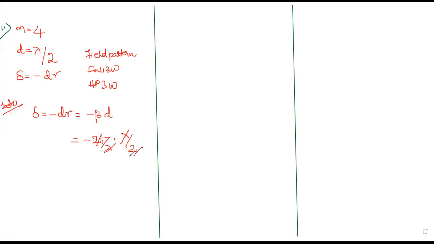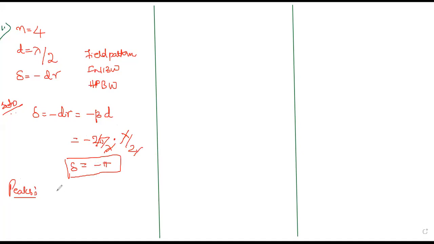Find the delta value first in such cases. Minus beta d is minus 2 pi by lambda into lambda by 2, where you get delta equal to minus pi.